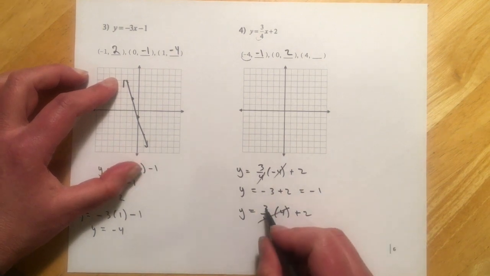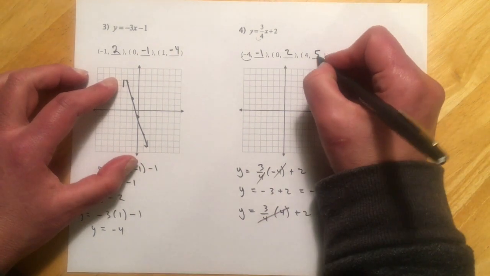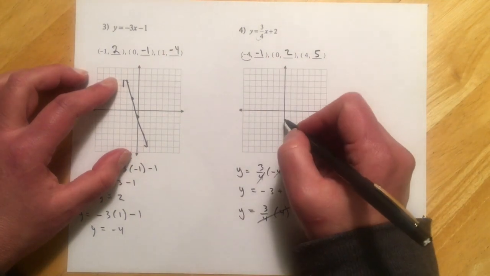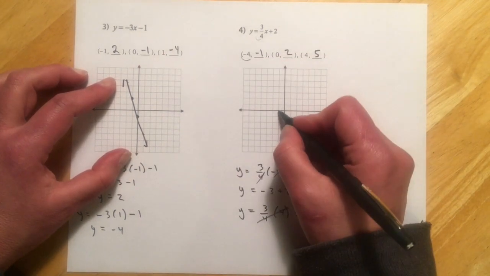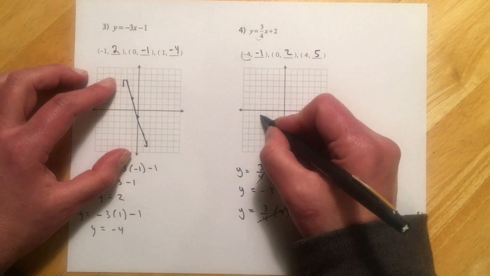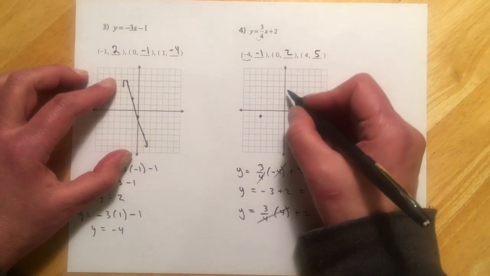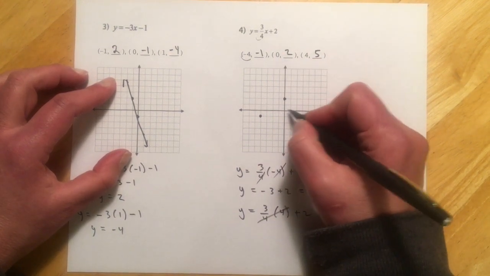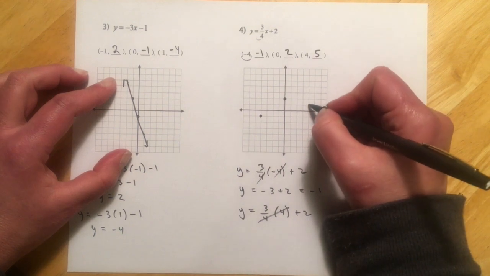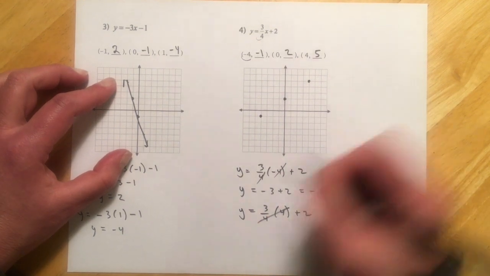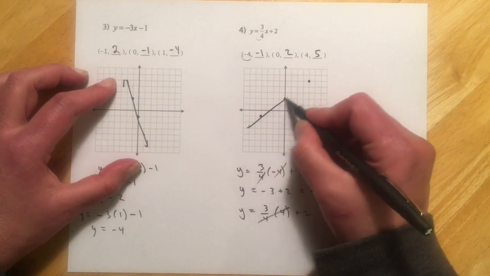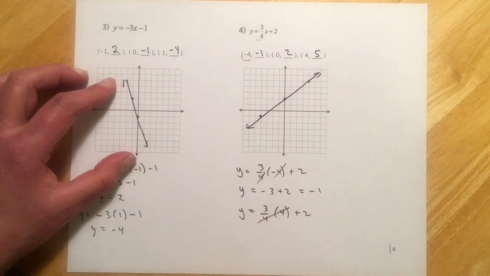So 4's cancel, and I'm left with 3 plus 2, and that will be 5. So when x is negative 4, y is negative 1. When x is 0, y is 2, and then when x is 4, y is 5. And then draw a kind of straight line, and that would be that one.